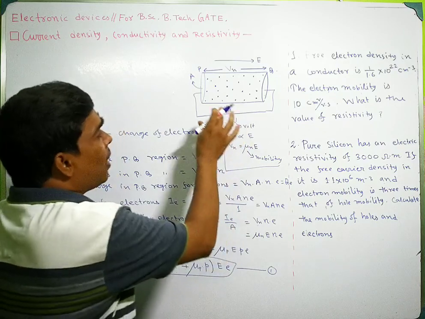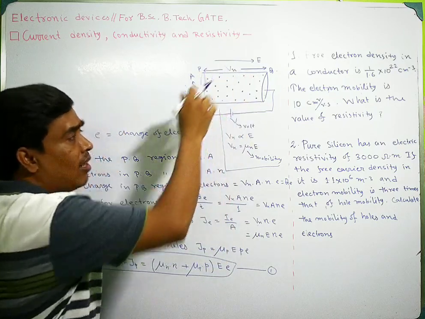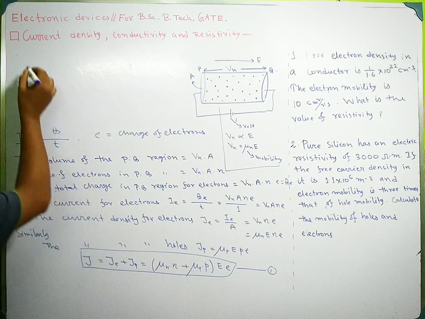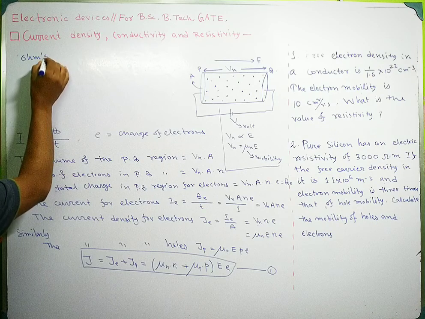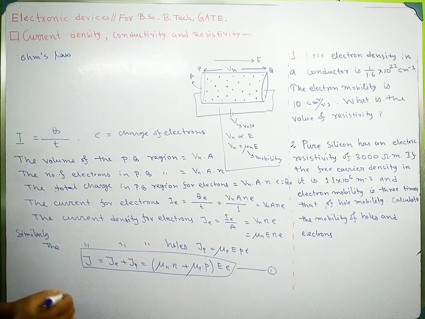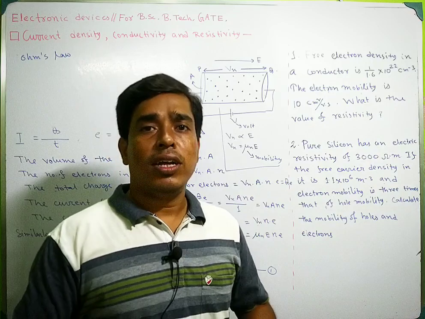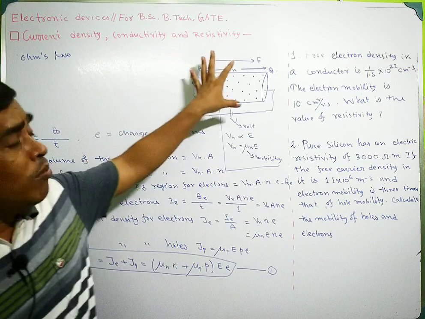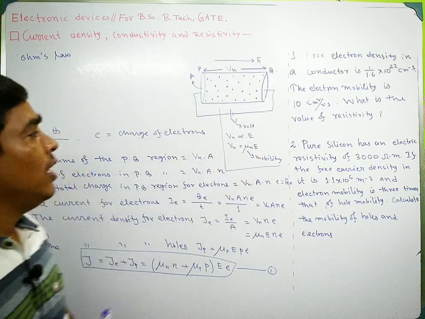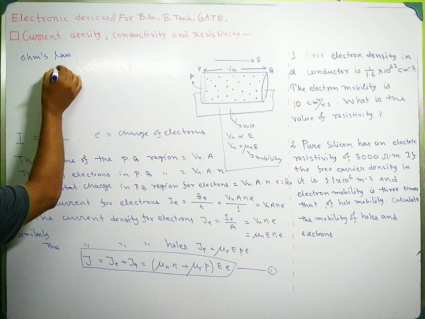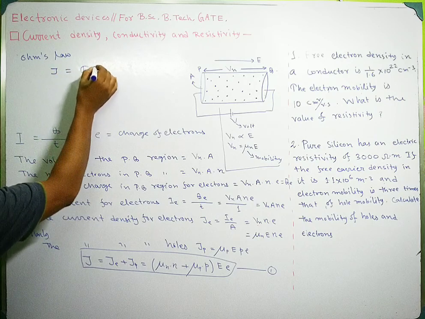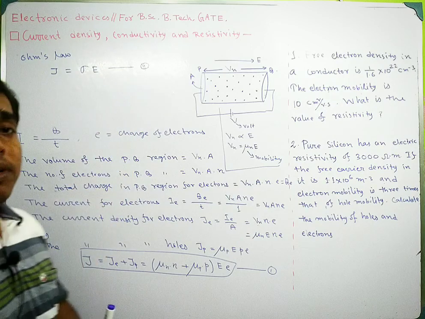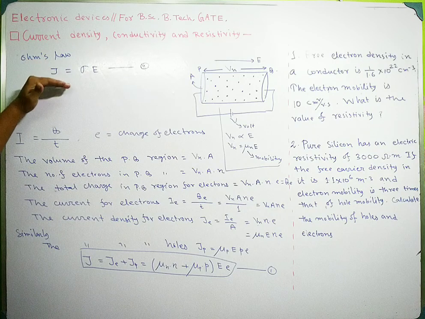Now if I apply Ohm's law to this semiconductor material, then according to Ohm's law in vector form, J, current density, is equal to sigma into E. This is the mathematical expression for Ohm's law in vector form.